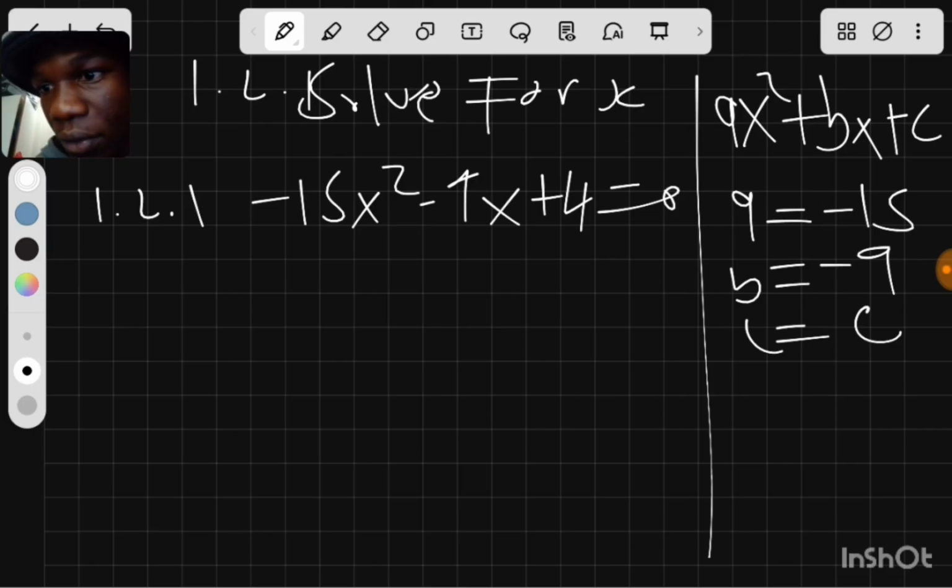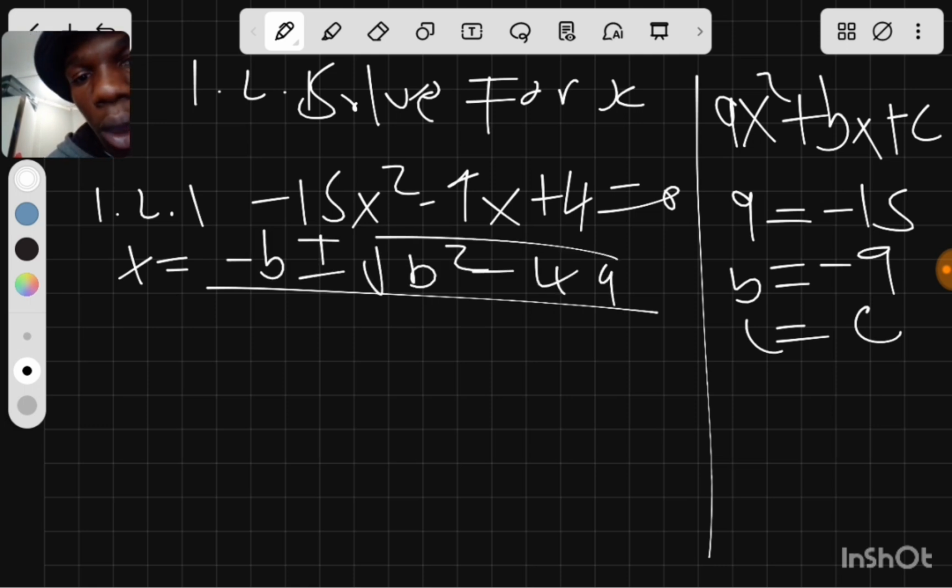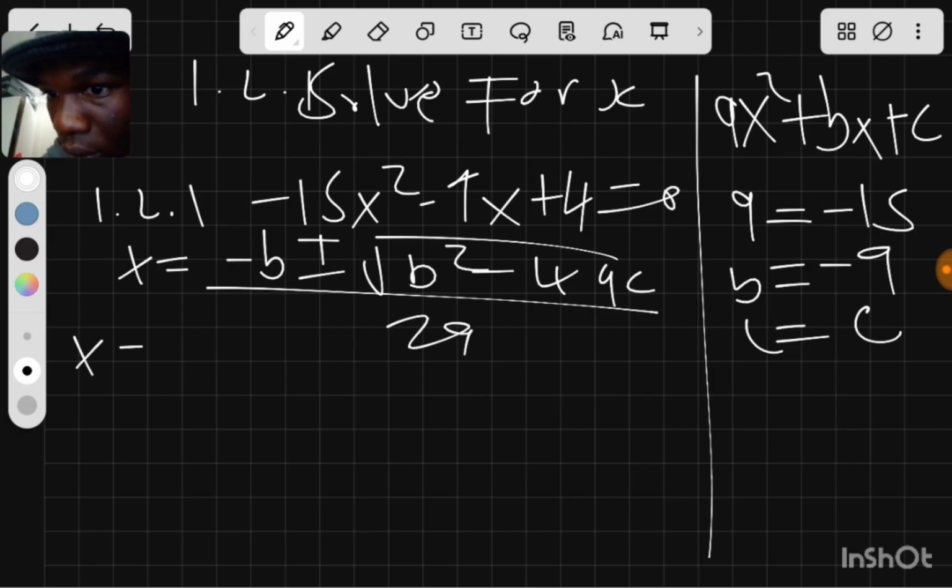So we're going to use this formula for finding our x values: x equals minus b plus or minus the square root of b squared minus 4ac, all over 2a.